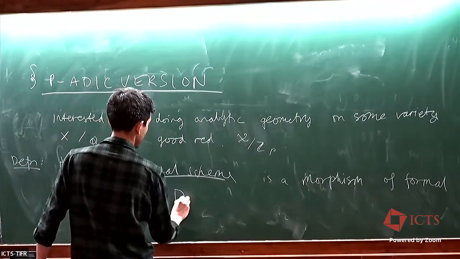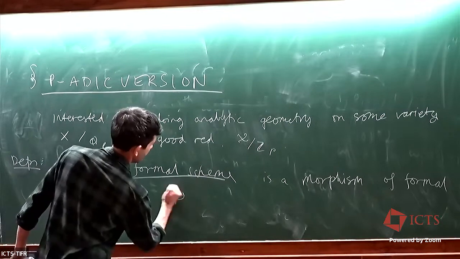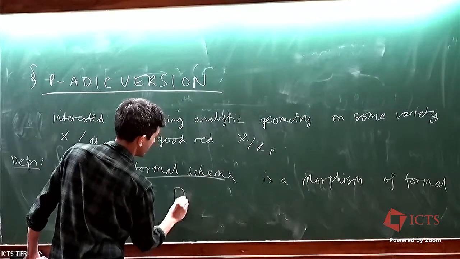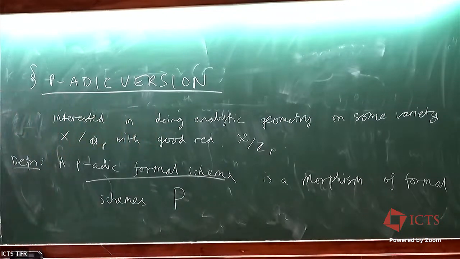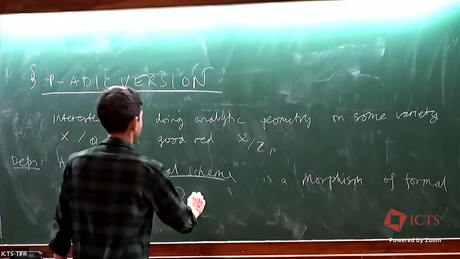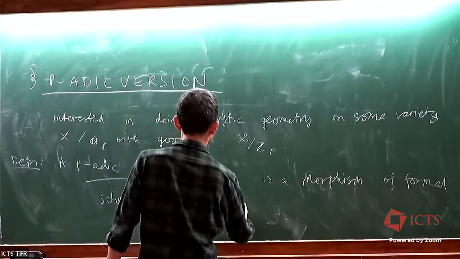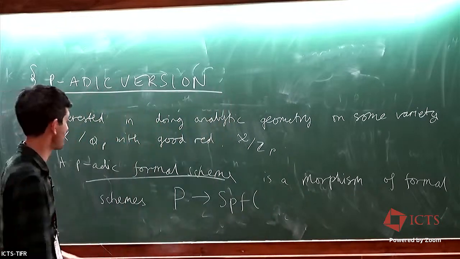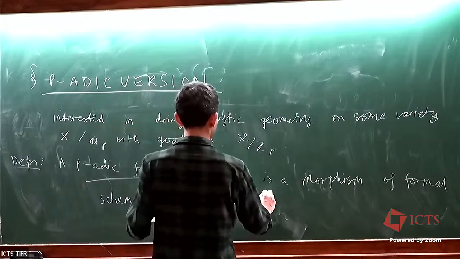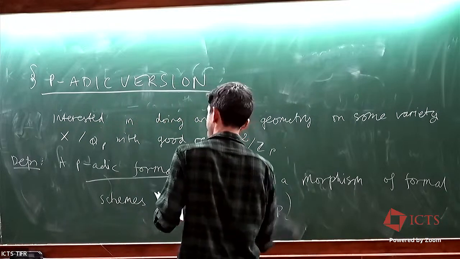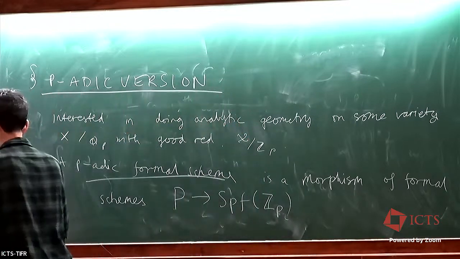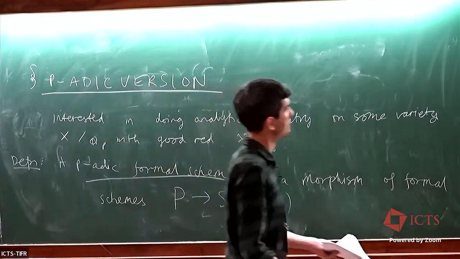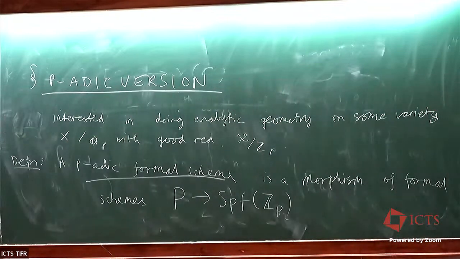The convention among the people who invented the subject is that they often call a p-adic formal scheme P, which has its disadvantages. So if you're ever not sure if it's a big P or a little p, you should definitely ask me. It's just a formal scheme where p is tending to 0, basically.